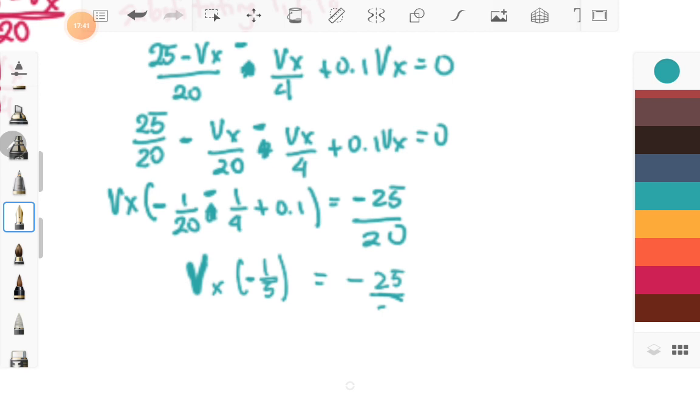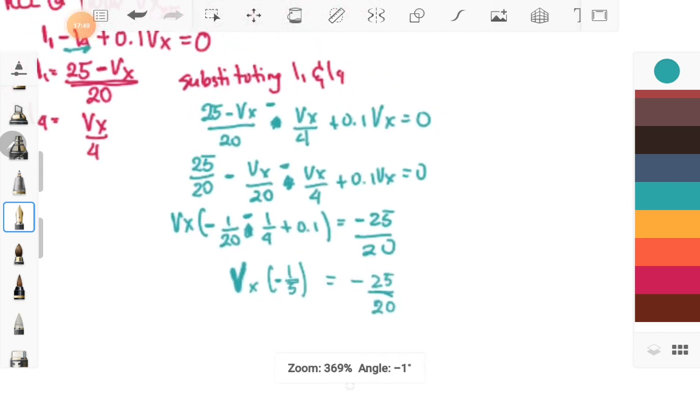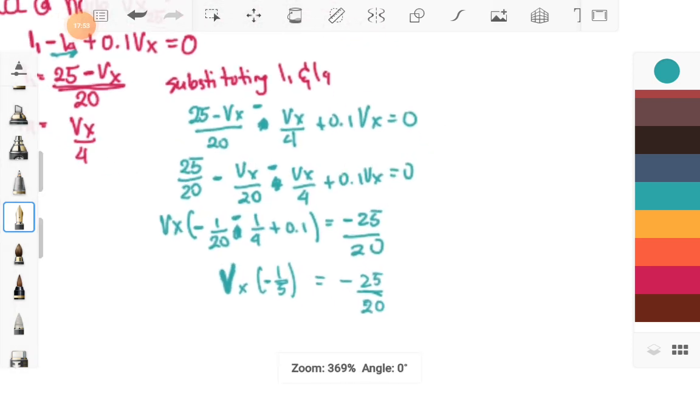So consider whatever equation you were in, tuturuan ka ng equation mo in our nodal analysis. Okay, so we have our Vx, which is equal to negative 1/5, so negative 25 over 20 divided by our negative 1/5.